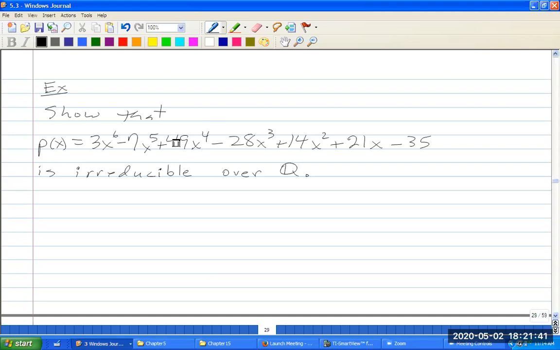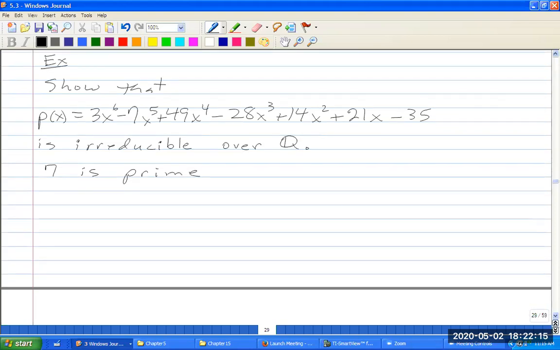So first, I want to find some common prime. What's in common here? Well, it's pretty obvious. Besides 1, there's only one number in common with all these numbers, 7. So let's try 7. 7 is in common here, and 7 is a prime number. That's one of the requirements for Eisenstein.